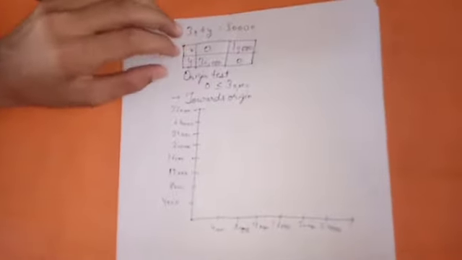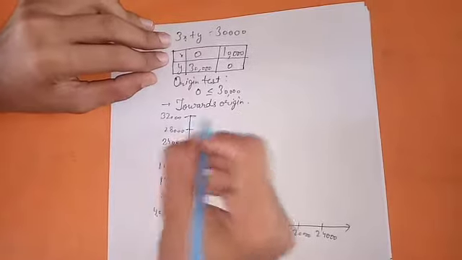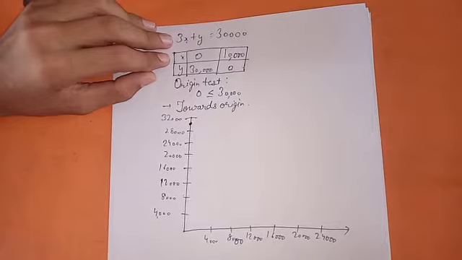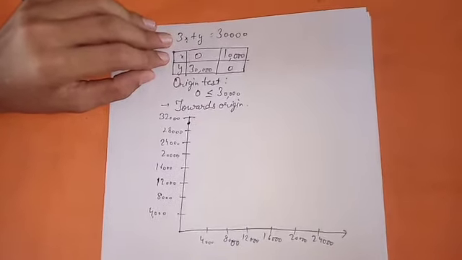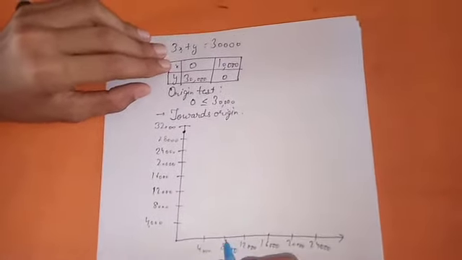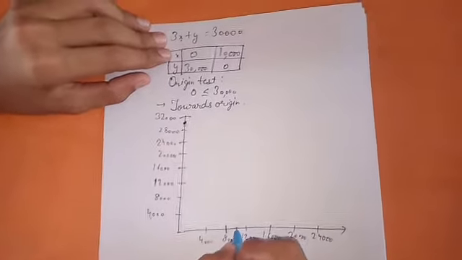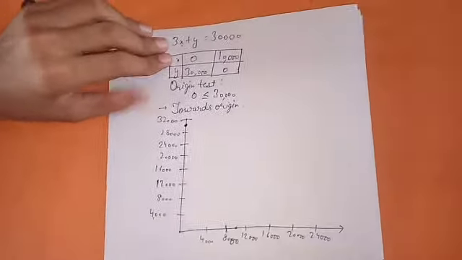When x is 0, y is 30,000, which will lie in between here. When y is 0, x is 10,000, which will lie between 8,000 and 12,000, so near about here. Now we can join these two points.